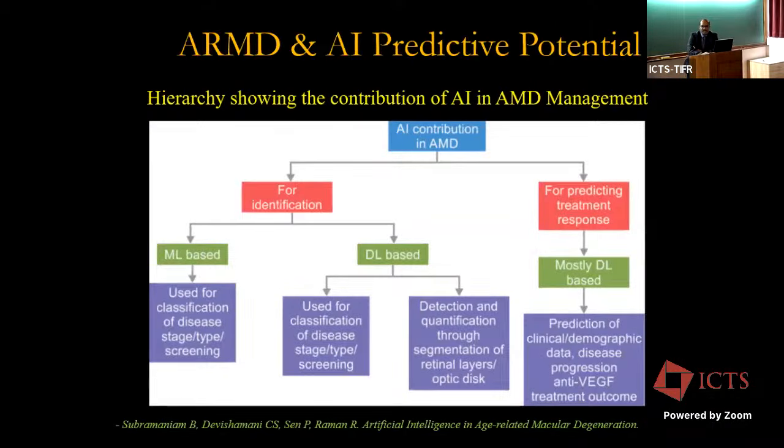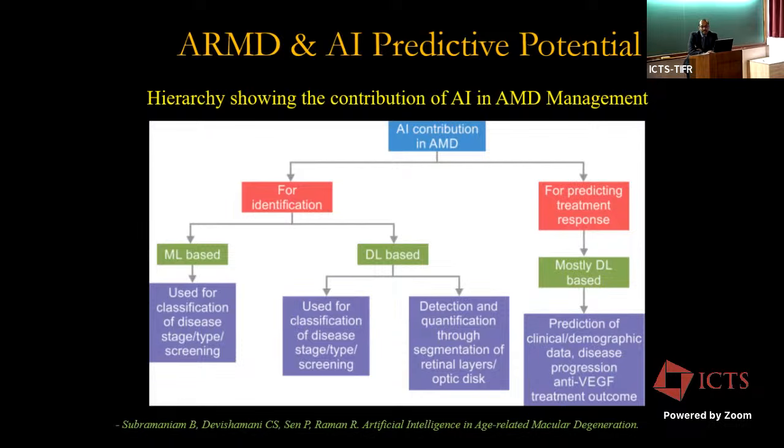Now, ARMD and AI predictive potential, you see the contribution. In AMD, for identification, this is machine learning based, used for classification of disease, staging and typing, and screening. Deep learning based, again, for classification, also for detection, and for predicting treatment response, which is very important.